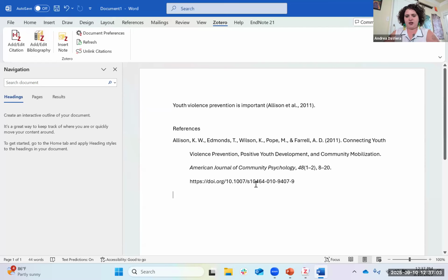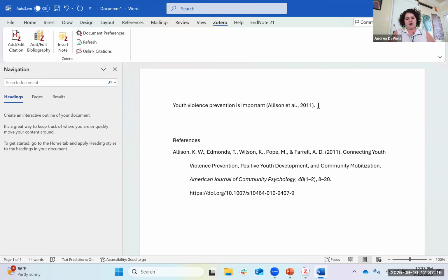It will pop it all in here with the most up-to-date reference style. So since I selected APA 7th edition, this is the APA 7th edition for it. And then let's say youth organizing is important.